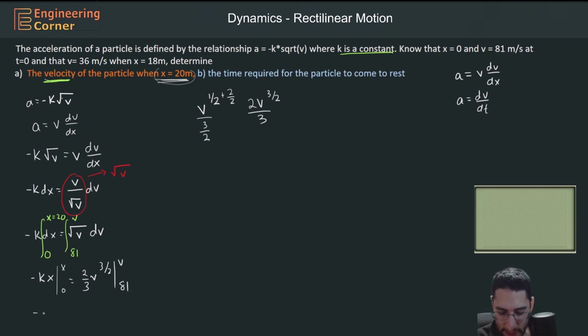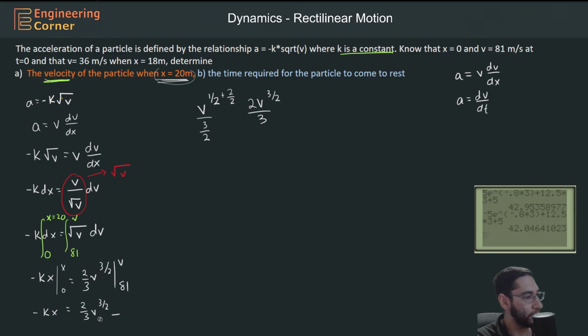All right, so this is minus k x, and this is equal to 2/3 v to the 3/2, minus, what is that? 2/3 times 81 to the 3/2, 486.